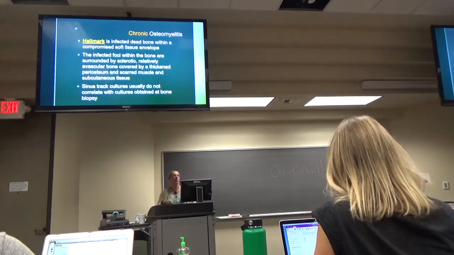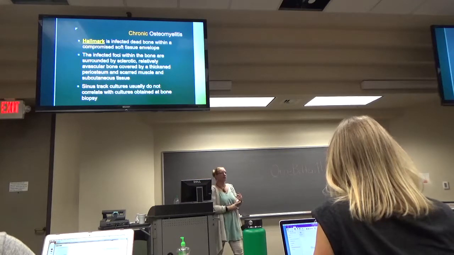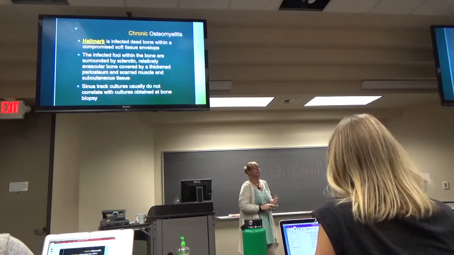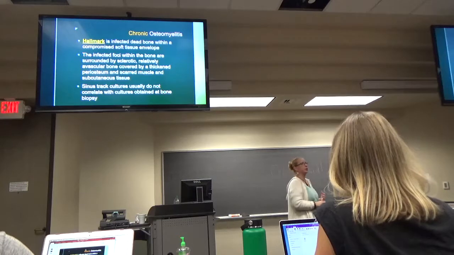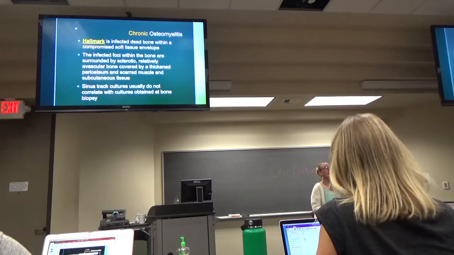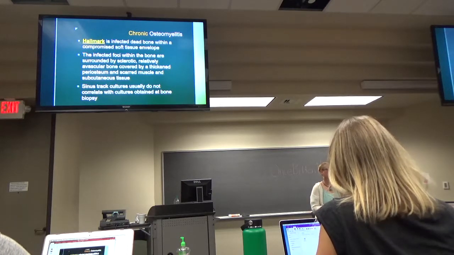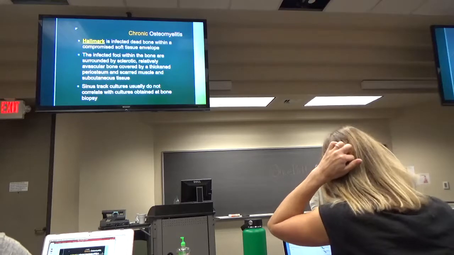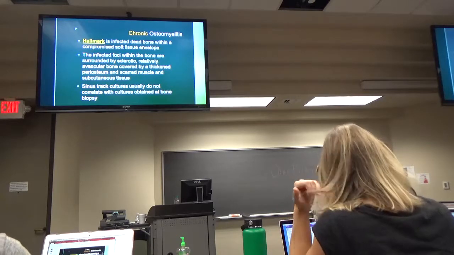Chronic osteomyelitis, again, timing. So chronic is going to be greater than 6 weeks. You've got infected dead bone within the compromised soft tissue that is just encased. It can become very sclerotic or hardened, so they're going to probably have a bone nodule that you can palpate.